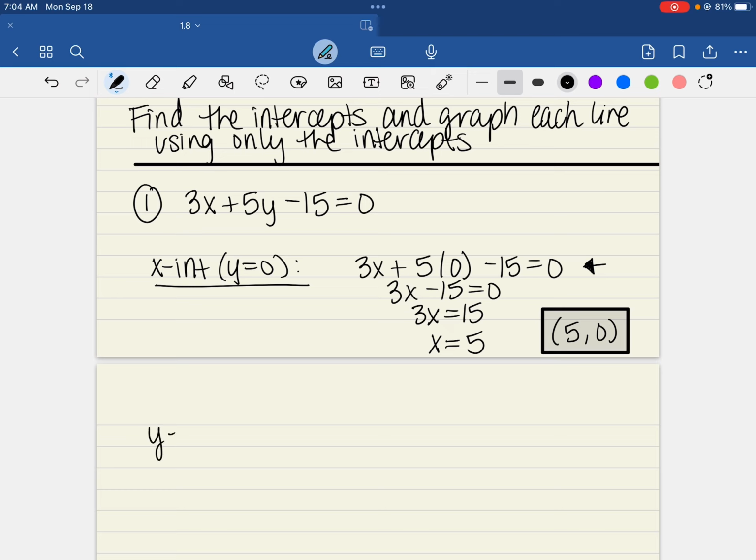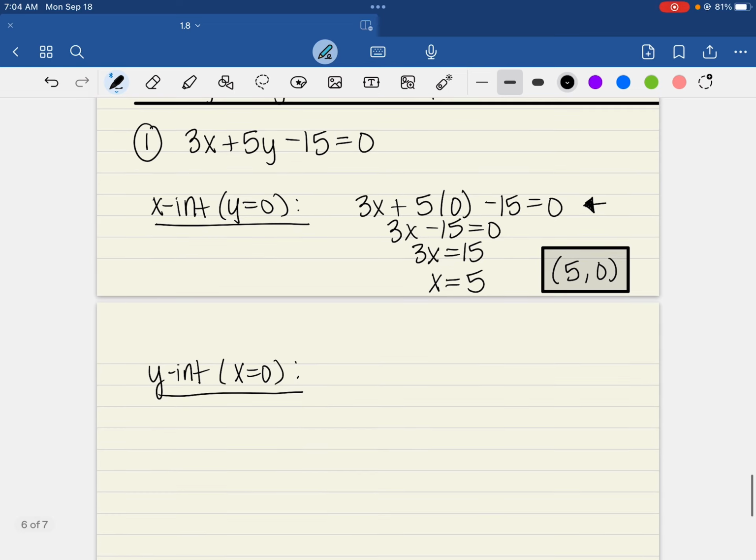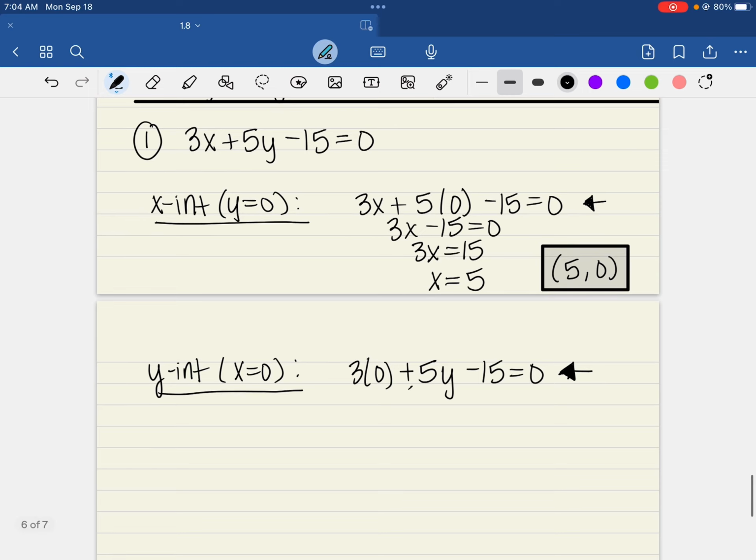And we're going to do the same for the y-intercept. However, x is 0 in this scenario. Similar concept, however, we're substituting in 0 for x. 5y minus 15 equals 0. 5y is 15.